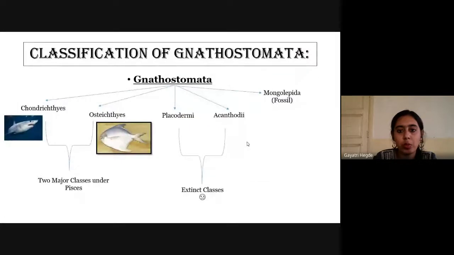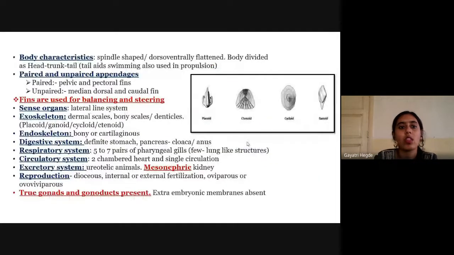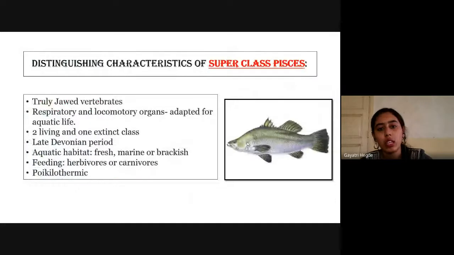Okay, I'm hoping that you have written this concept map. Now we will see what are the characteristics of superclass Pisces. Okay, we will see the general characteristics of Pisces. Now Pisces will have fishes of all kinds, bony, made up of cartilage, everything.